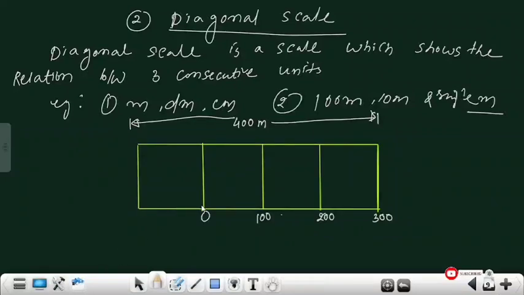Now we have to divide equally into 10 parts. Each will be 10 meter, 10 meter. The first unit is 100, next 10 meter, 10 meter.